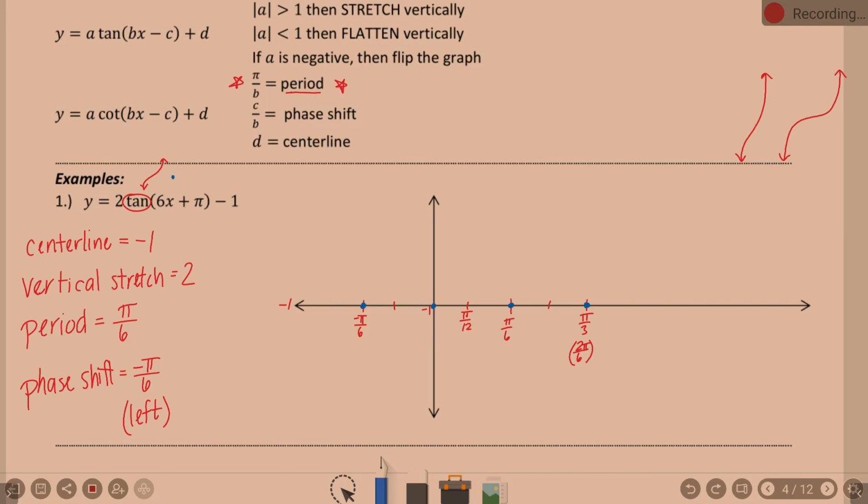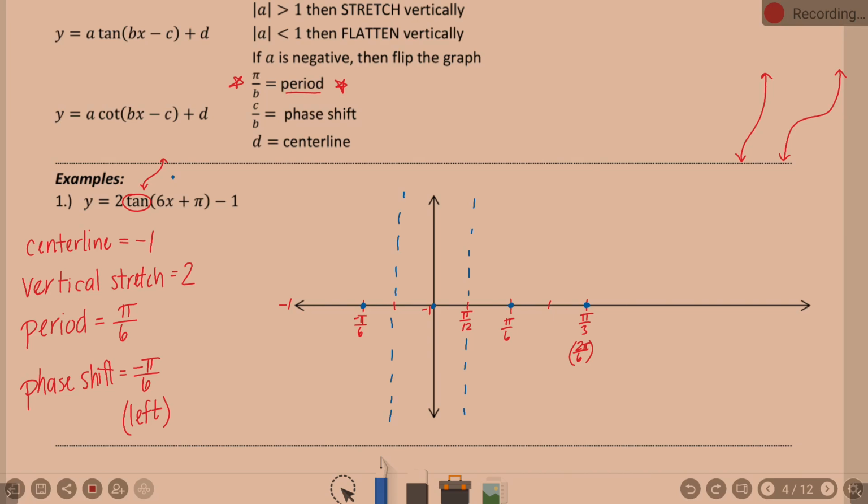So in between negative pi over 6 and 0, there's going to be an asymptote. So that's negative pi over 12. There's an asymptote. In between 0 and pi over 6 are my points. So there's going to be an asymptote at pi over 12.